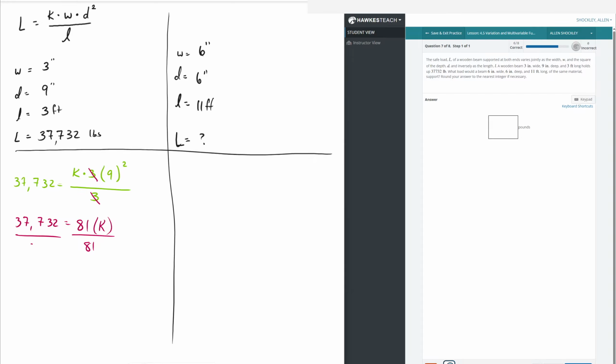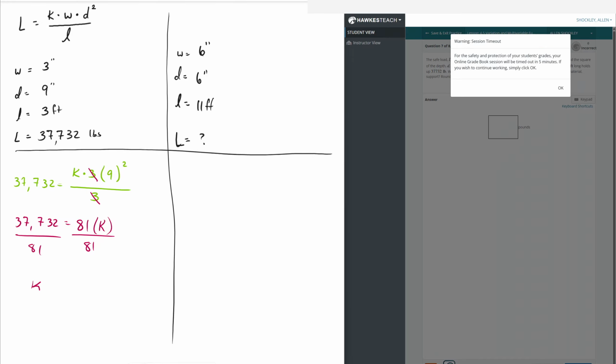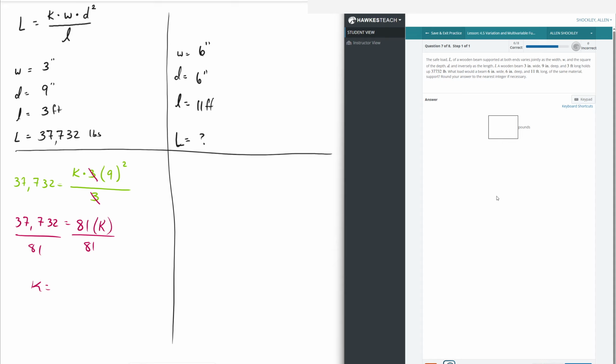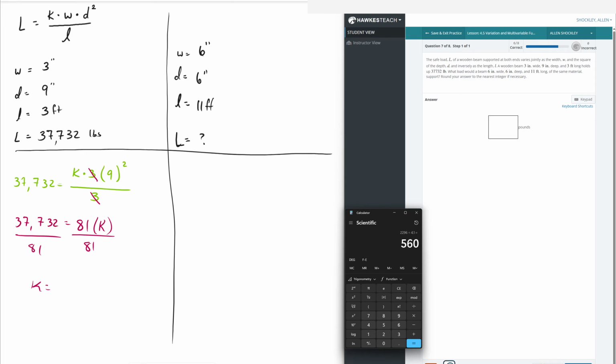So I'm going to divide by 81 to get a new K value. Yes, I know, calculator, where art thou? We're going to take 37,732 divided by 81.